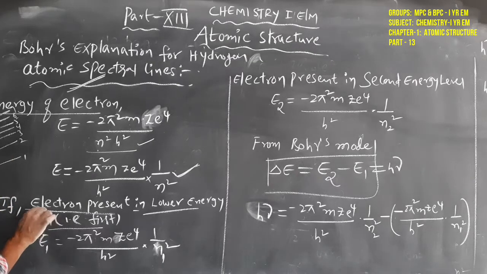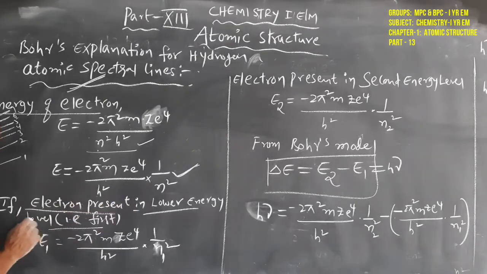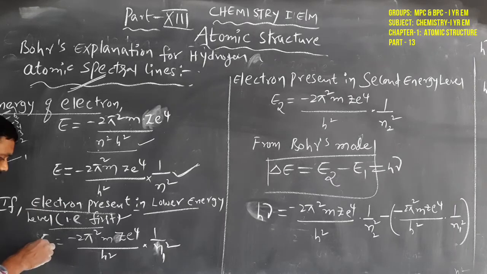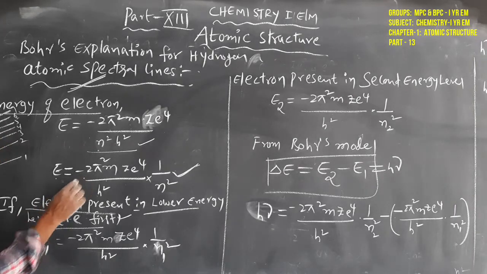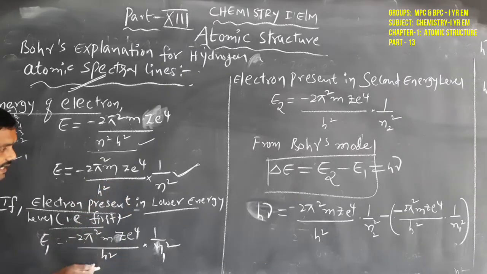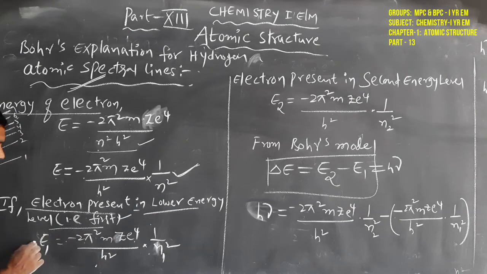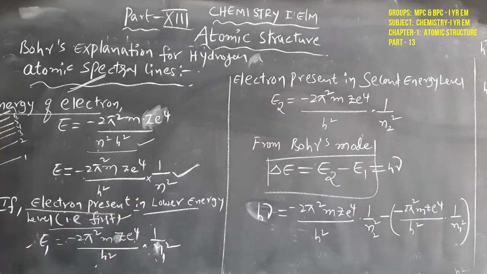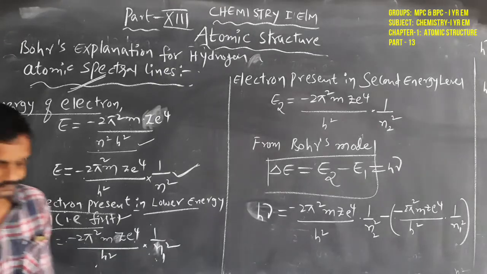Let the electron be present in the lower energy level, that is the first energy level. Then E goes to E1, and the equation says E1 is equal to minus 2 pi square m Z e power 4 by h square into 1 by n1 square. The electron is present in the first energy level, so in place of n, we write n1 square.